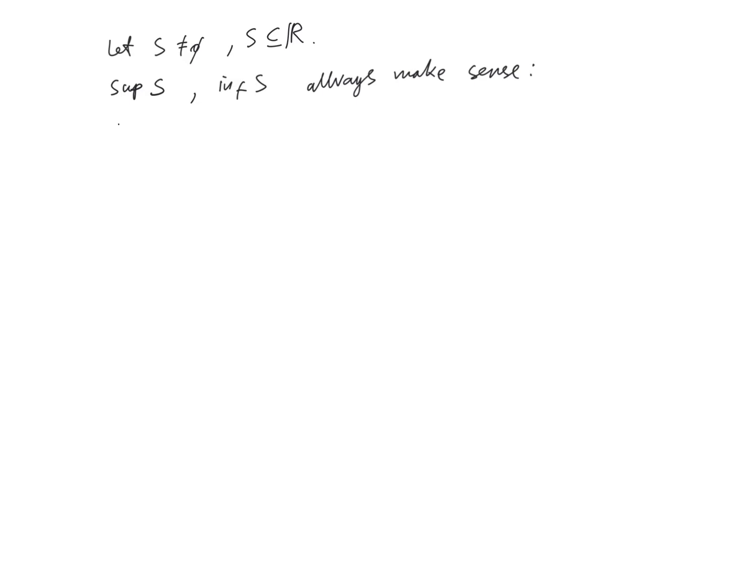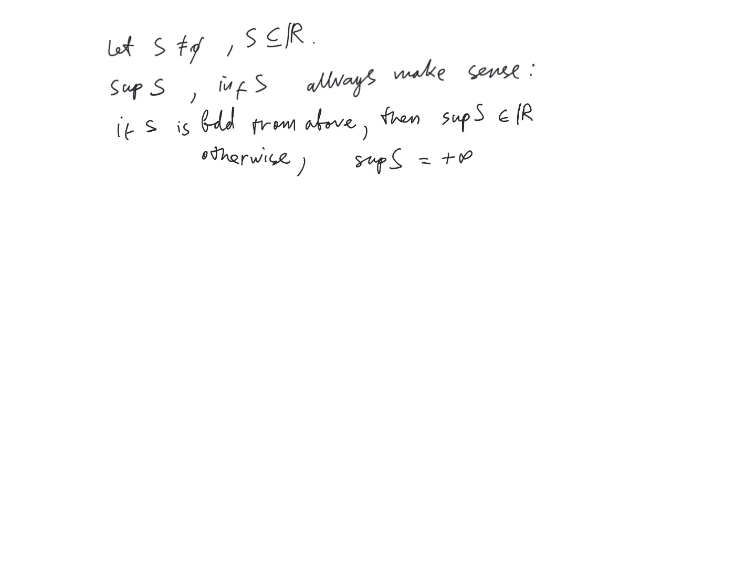So more specifically, if S is bounded from above, then the supremum of S is a real number by the completeness axiom for the reals. And if it's not bounded from above, then the supremum of S is necessarily plus infinity.